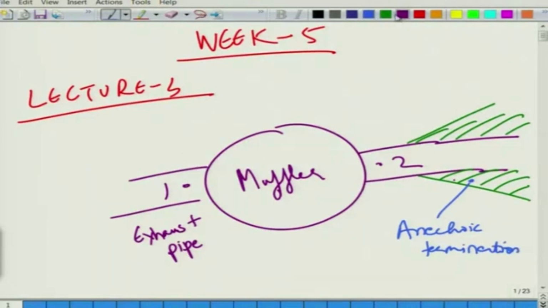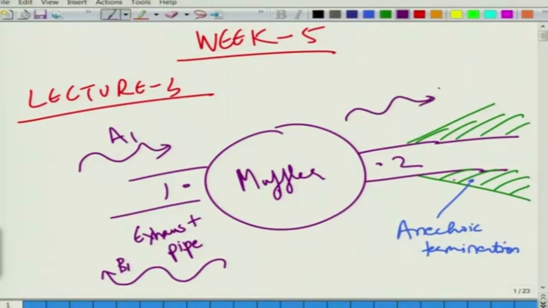Let us say the wave A1 is incident here and B1 goes here, and A2 goes here, but B2 is not allowed to come back because it is an anechoic termination. So, you get B2 equals 0.